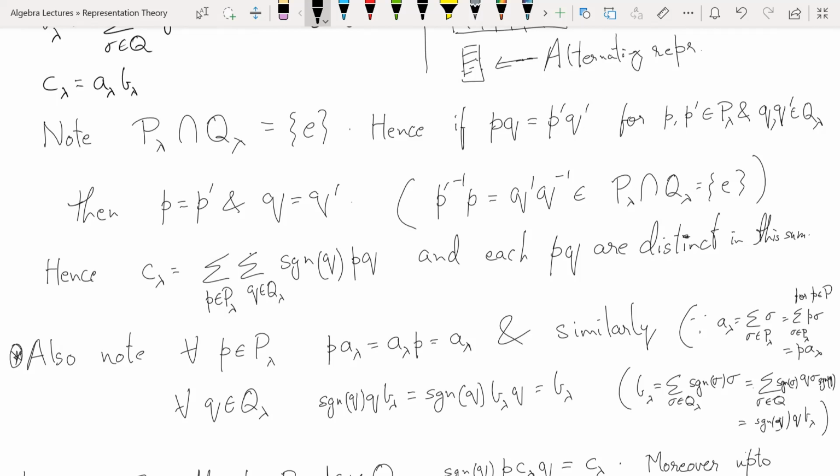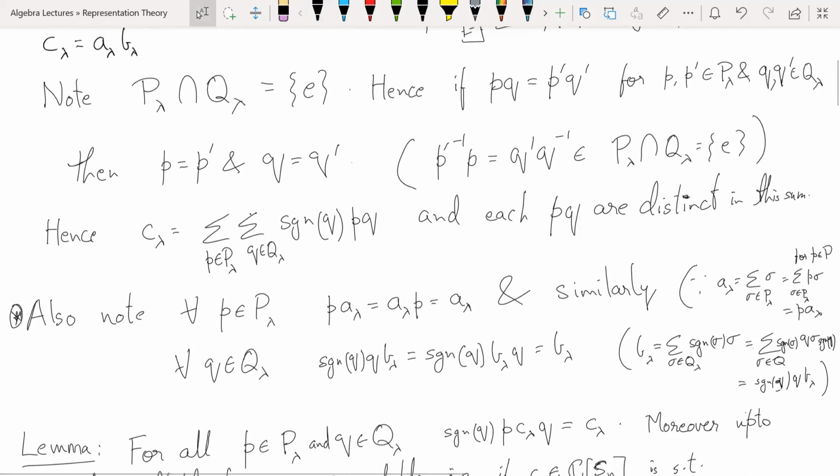Okay, and similarly on the right hand side. So multiplying by q p, an element of capital P, doesn't change a lambda, and multiplying by an element of capital Q changes b lambda by the sign of that permutation. Okay.